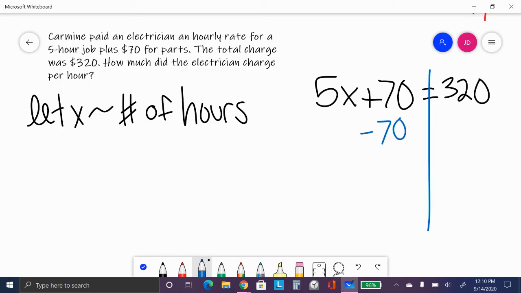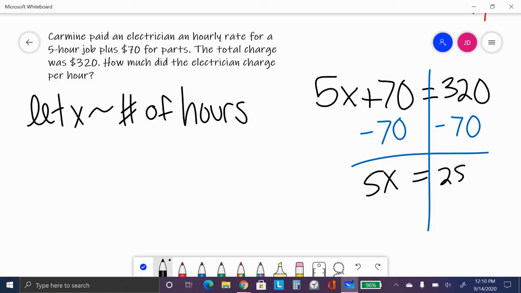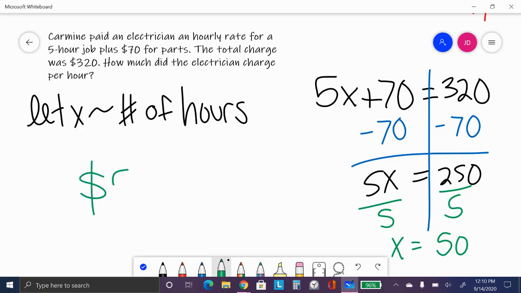Subtract 70 from both sides. And we get 5x is 250. Divide both sides by 5, and you get x is 50. So that means they charged $50. Now, I made a little mistake before.